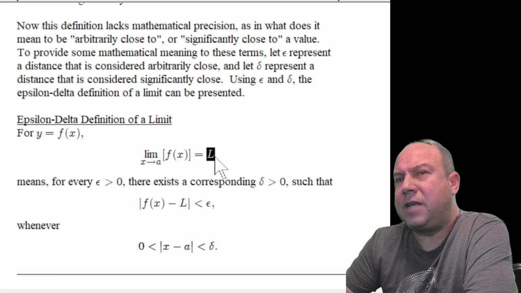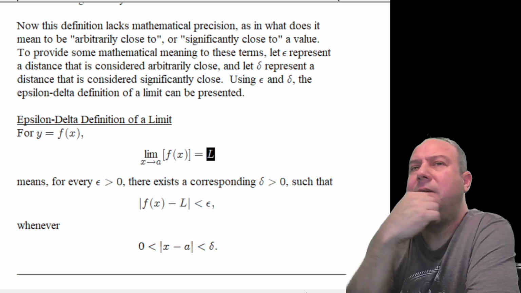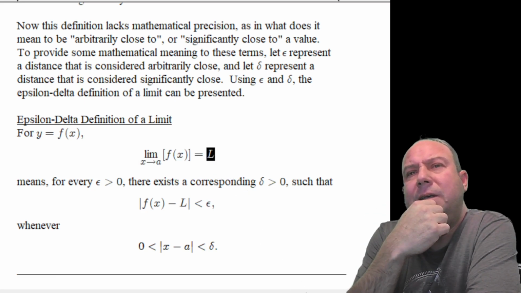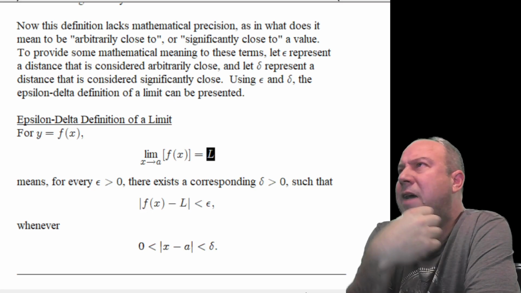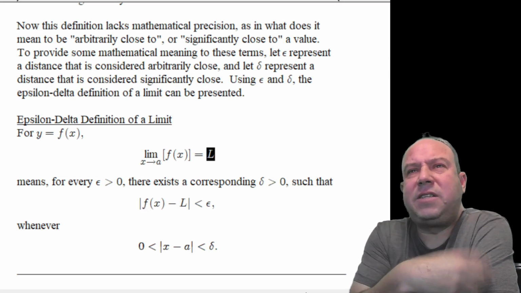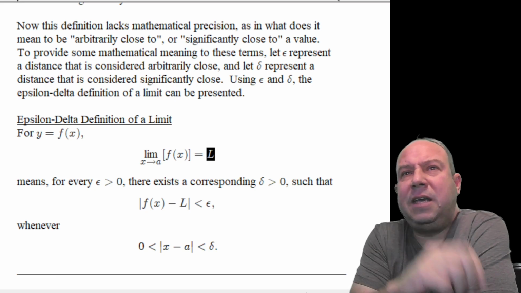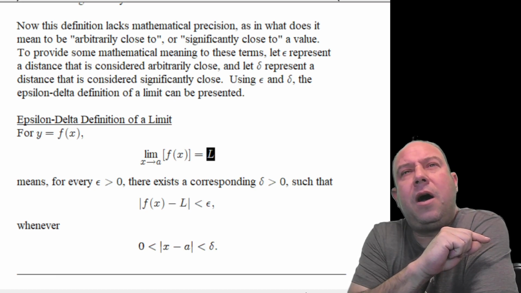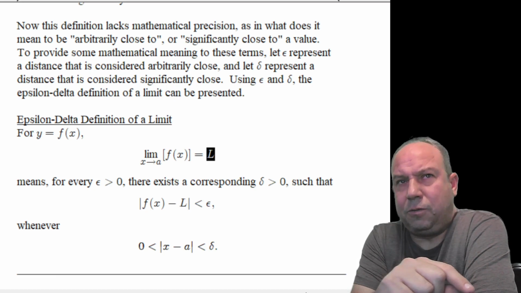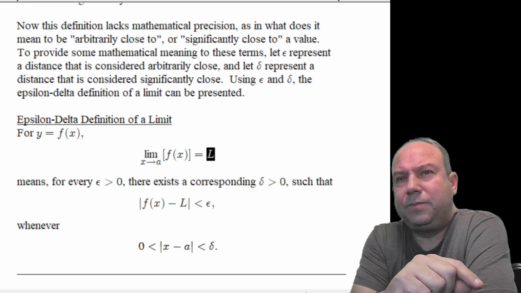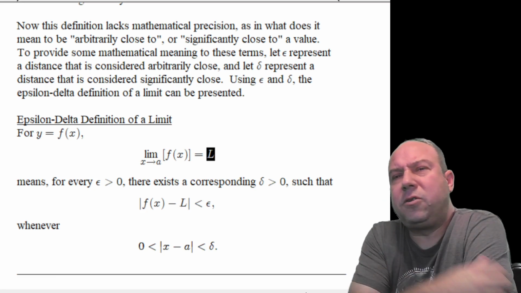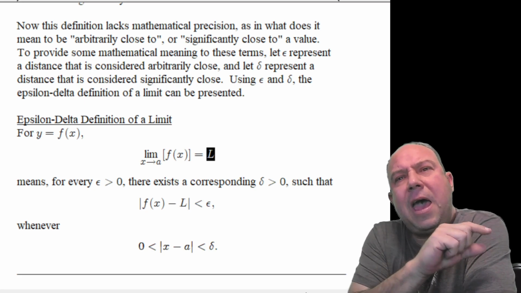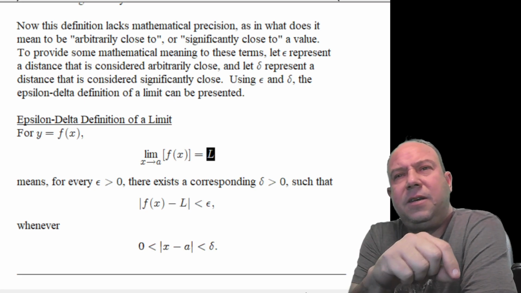This is a boundary that's actually placed around the value of L, what we say is the value of our limit, the value that we're trying to get arbitrarily close to. To be arbitrarily close is to be within epsilon units of L.